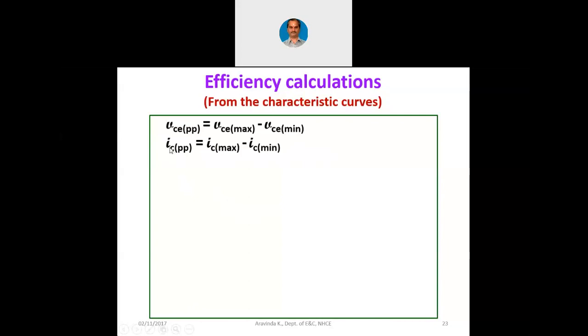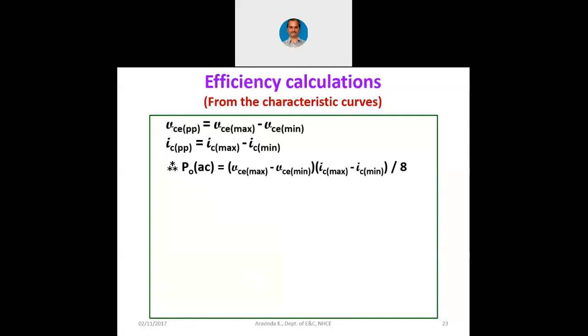Similarly, collector current peak to peak is collector current maximum minus collector current minimum in terms of AC. Output power AC is VCE maximum minus VCE minimum into IC maximum minus IC minimum divided by 8. Why does this divided by 8 come into the picture? You already know 2 root 2 into 2 root 2 is going to be 8.